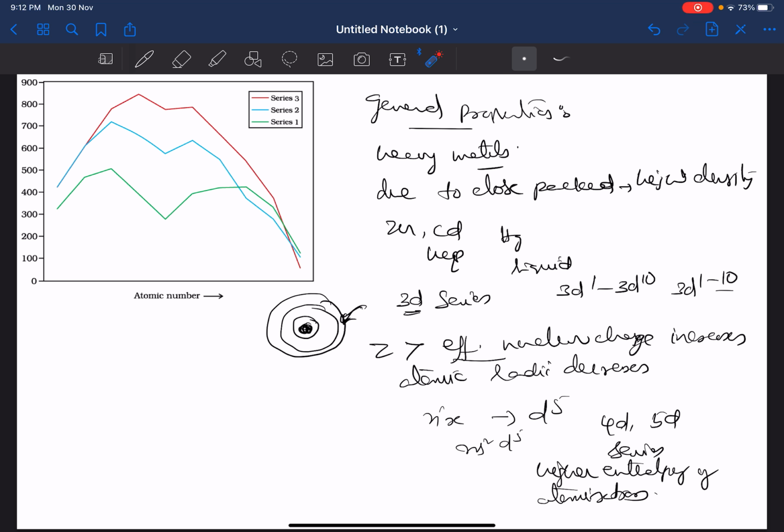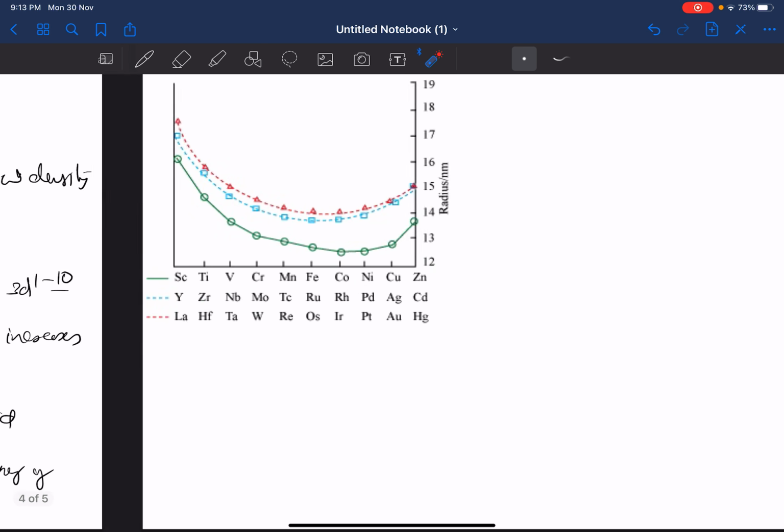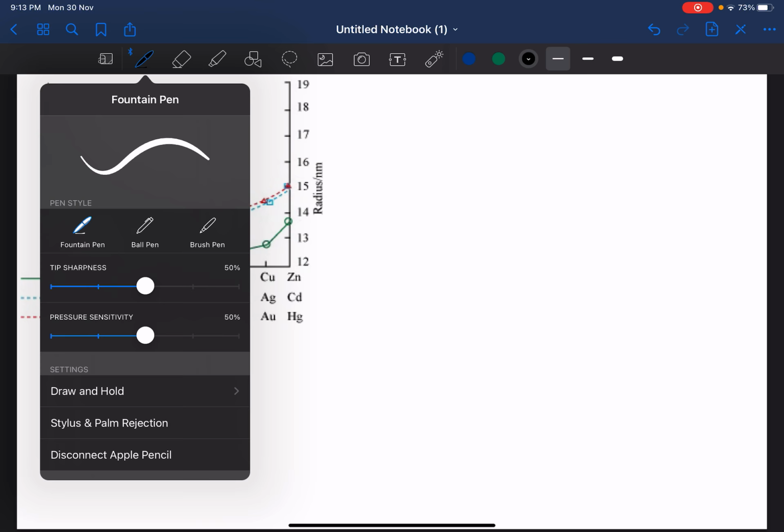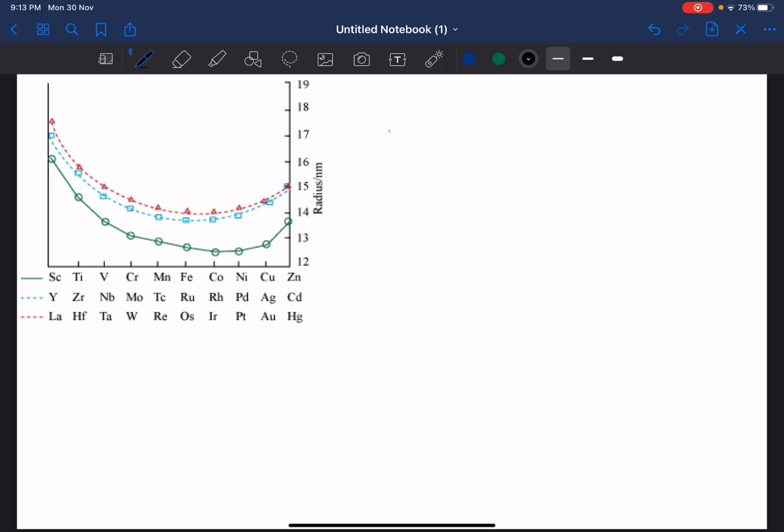And next is the variation in atomic and ionic radii. Ions of the same charge in a given series show a gradual decrease in radius with increase in the atomic number.